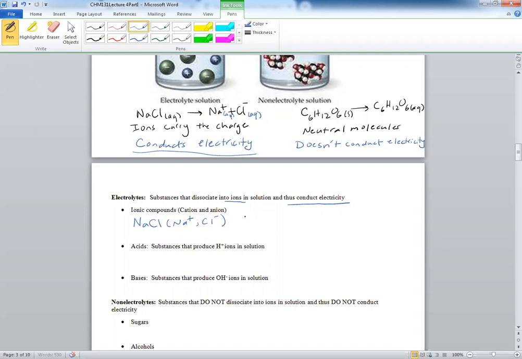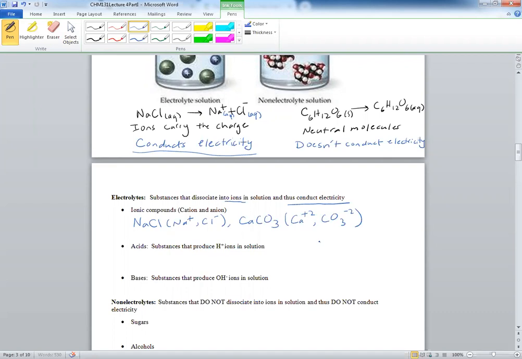You can have any ionic compound, such as, let's say, calcium carbonate, which is limestone used in chalk. So Ca plus 2, CO3 minus 2. So again, cation and an anion, positive and negative. Acids are considered electrolytes, like stomach acid. Acids are defined as substances, you might have heard of this before, that produce H plus ions in solution.